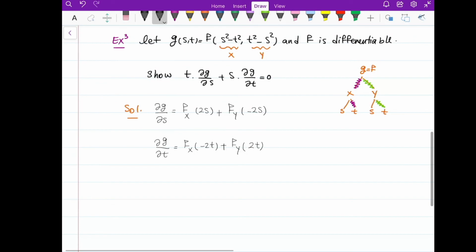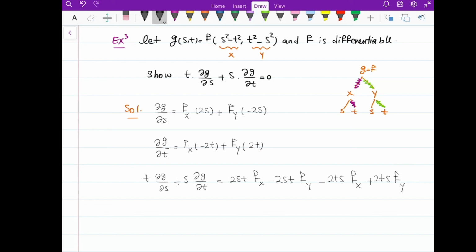Okay, now let's calculate t times the derivative of g with respect to s plus s times the derivative of g with respect to t. I'm gonna multiply t by here, so I get 2st fx plus negative 2st fy, and I'm gonna multiply this term in here by s, so I get negative 2ts fx plus 2ts fy.